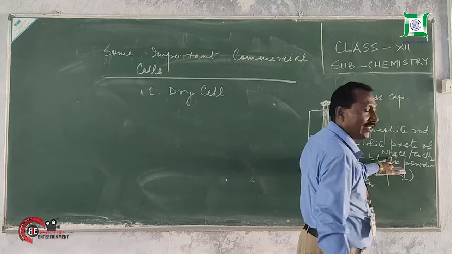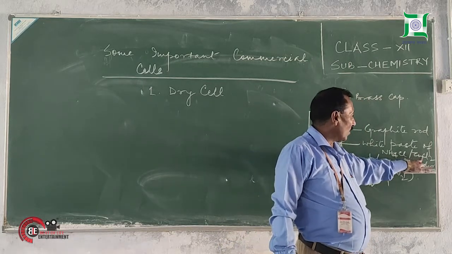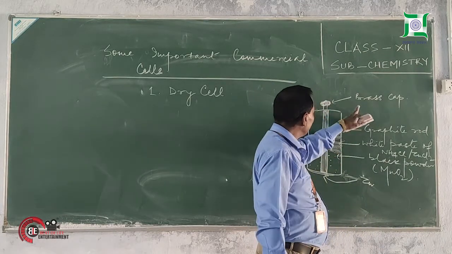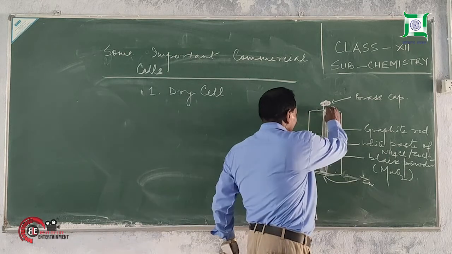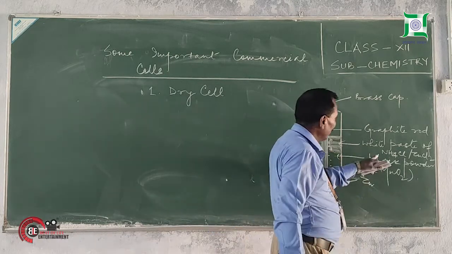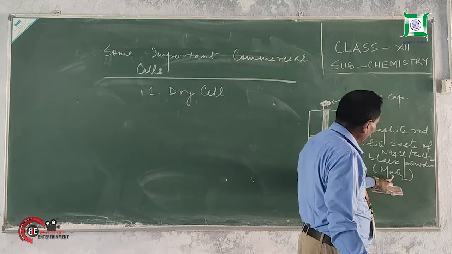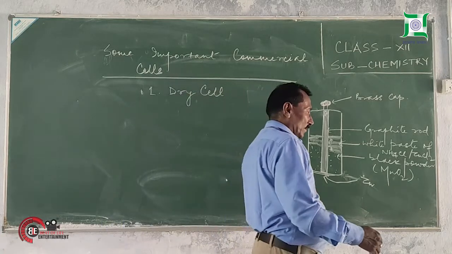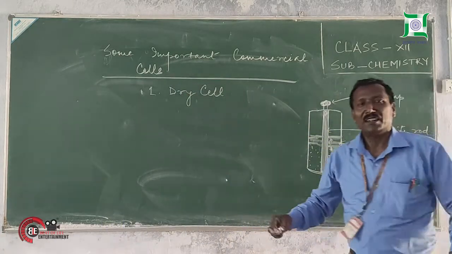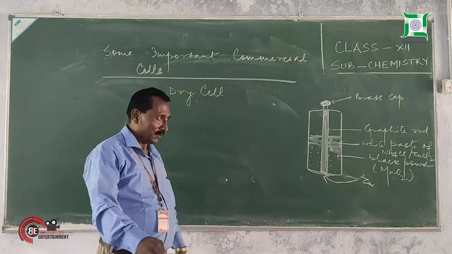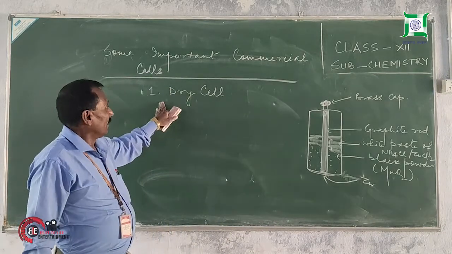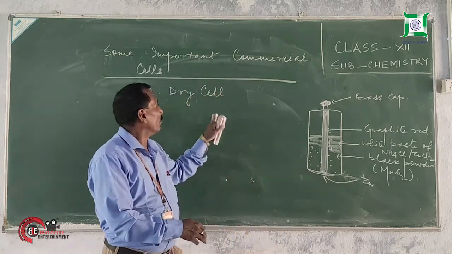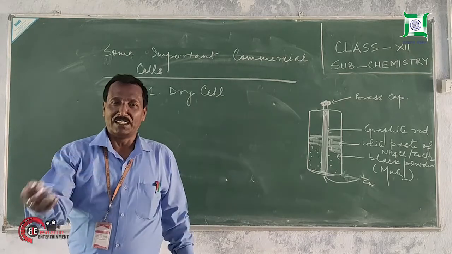So this zinc, in the presence of NH4Cl or ZnCl2, acts as anode, while the brass cap fitted with the graphite rod along with MnO2, manganese dioxide, acts as cathode. I will give you the detailed reaction for this dry cell in the next moment.